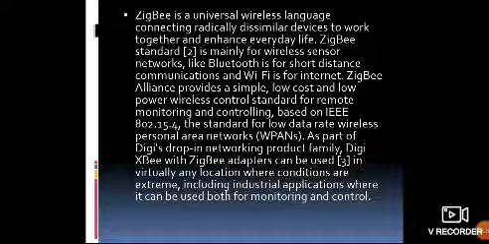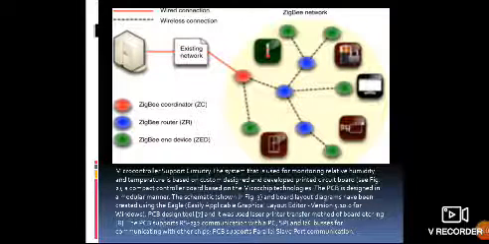As part of the Digi networking product family, Digi XBee with Zigbee adapters can be used in virtually any location where conditions are extreme. In this picture we see a Zigbee network with wireless connections, connected to the existing network.